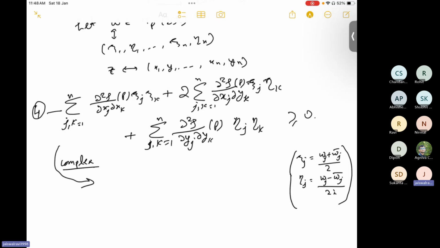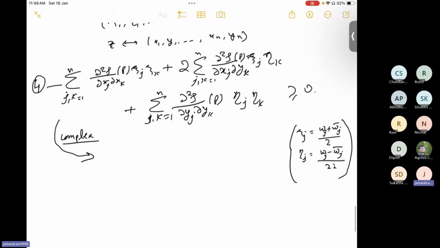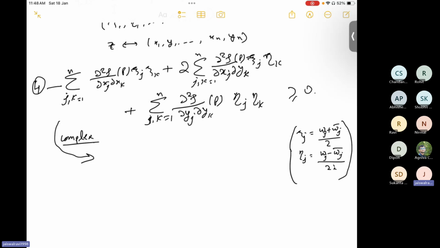Similarly, we replace del by del xj with del by del zj and del by del zj bar, as we did in the real tangent space. I will write directly; I will not do the calculation, but you know the idea, so you can do the calculation if you like.